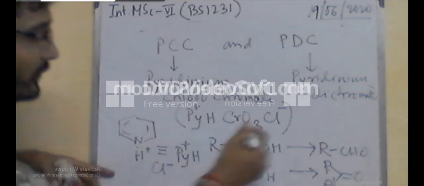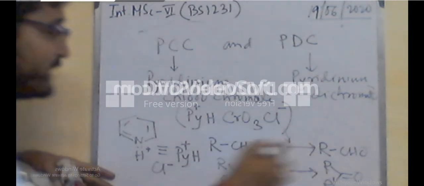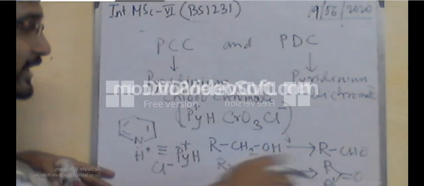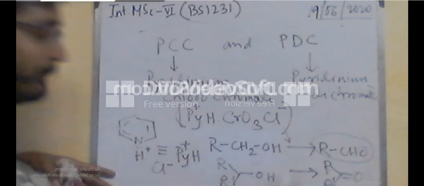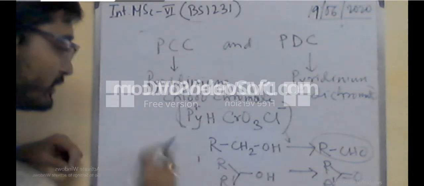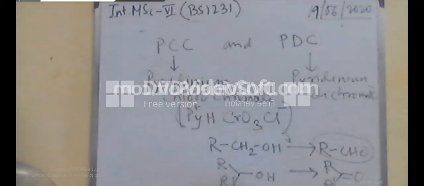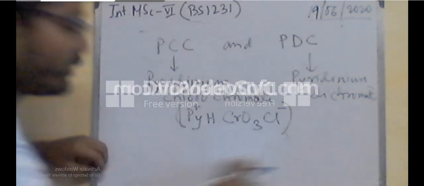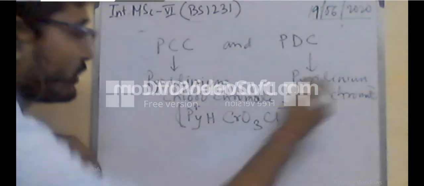So in pyridinium dichromate, you know K2Cr2O7, this is potassium dichromate. So if we replace this potassium by pyridinium group, that means (PyH plus) whole twice and Cr2O7 2 minus.